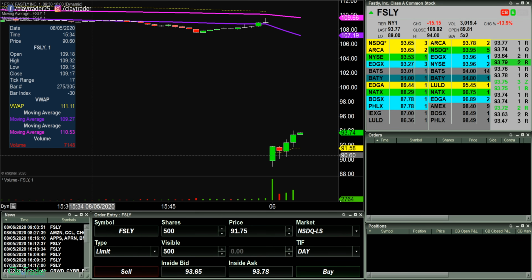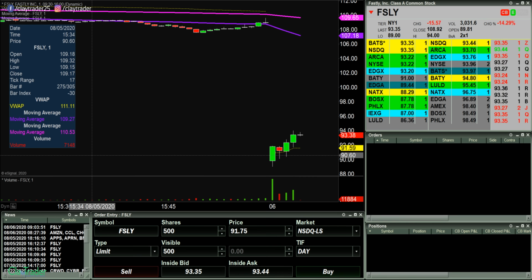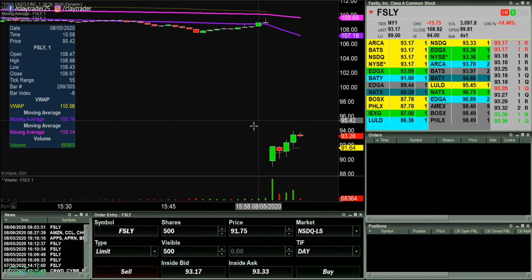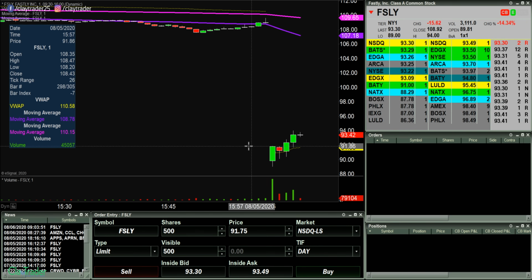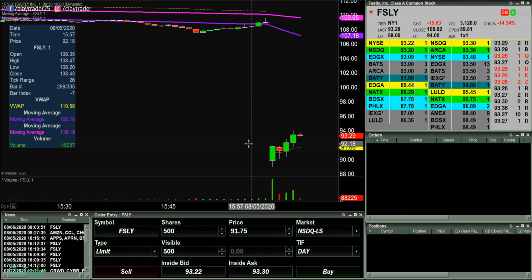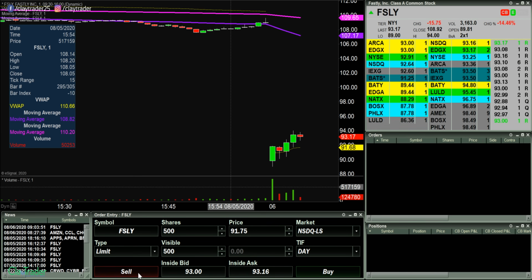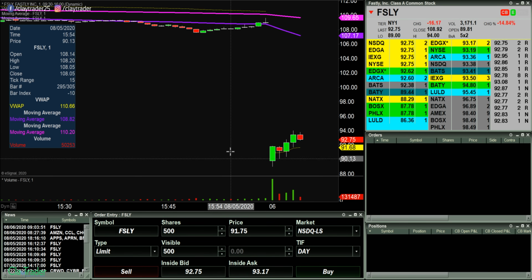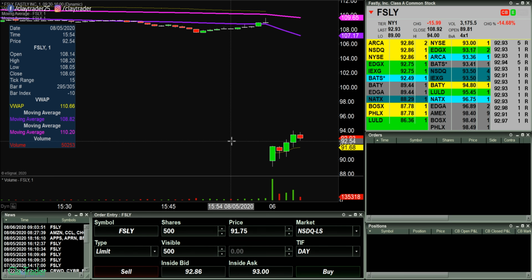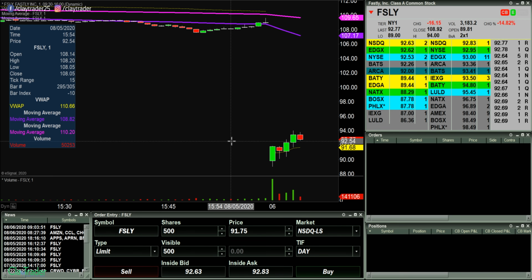And this thing has got so much right, making a little bit of a move. Still has a lot of work to be done. 92.50, if it can bounce up over.